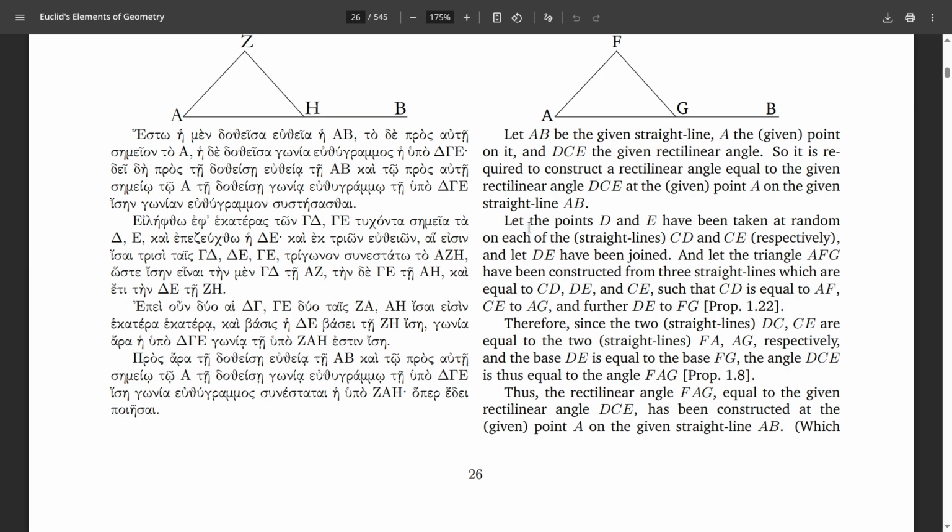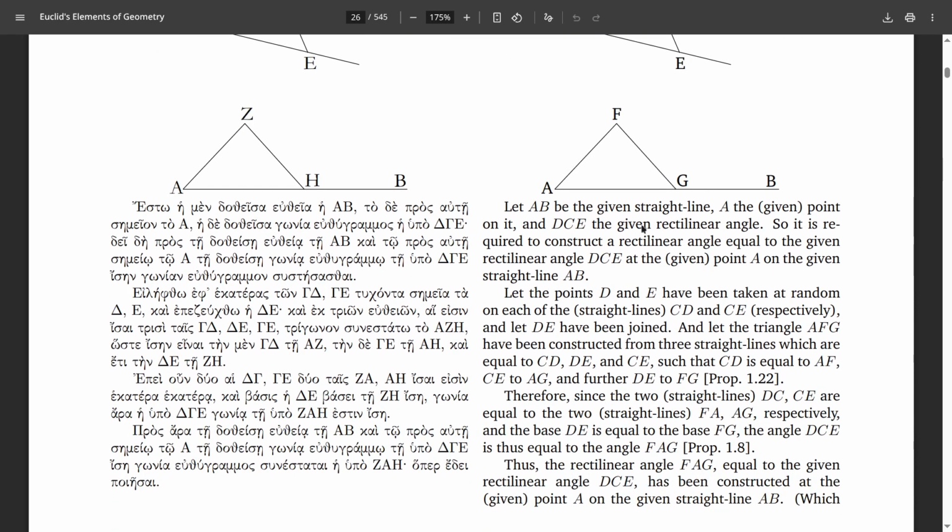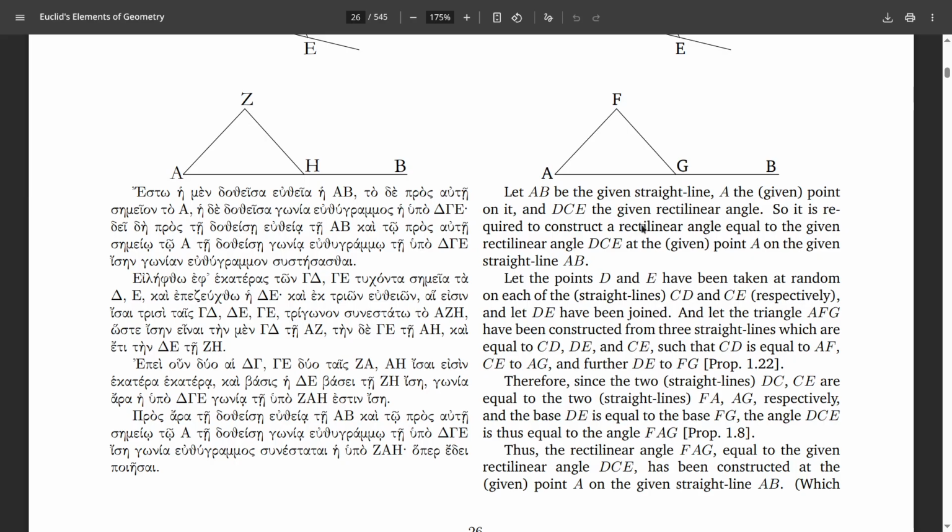And let the triangle AFG have been constructed from three straight lines which are equal to CD, DE, and CE, such that CD is equal to AF. So, yep, CD is equal to AF.